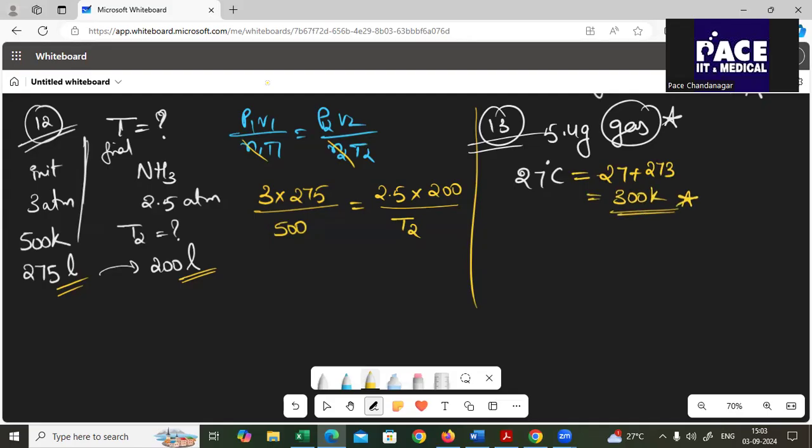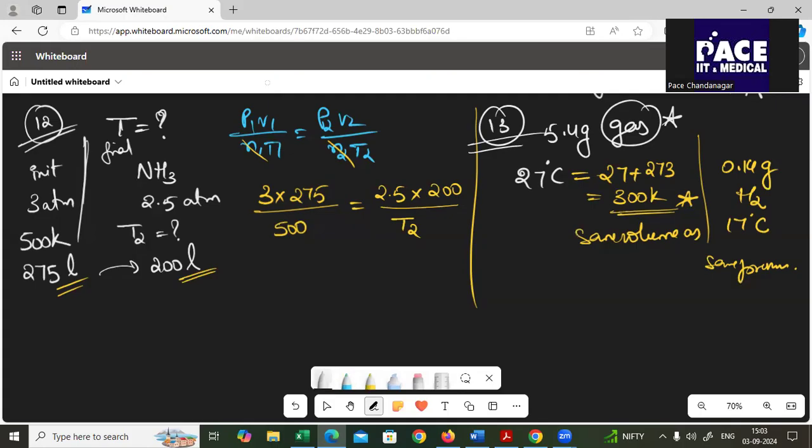Now, I'm reading out the question again. 5.4 grams of an unknown gas at 27 degrees Celsius occupy the same volume as 0.14 grams of hydrogen at 17 degrees Celsius and same pressure. The molecular weight of the unknown gas is.